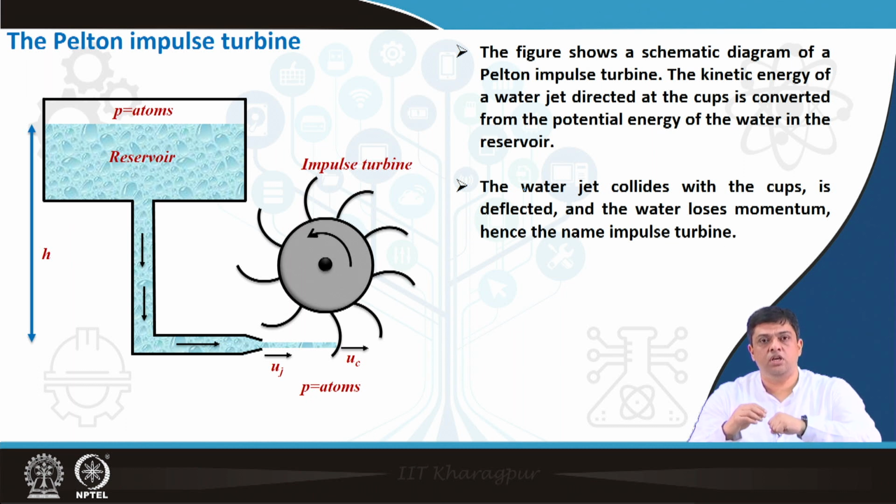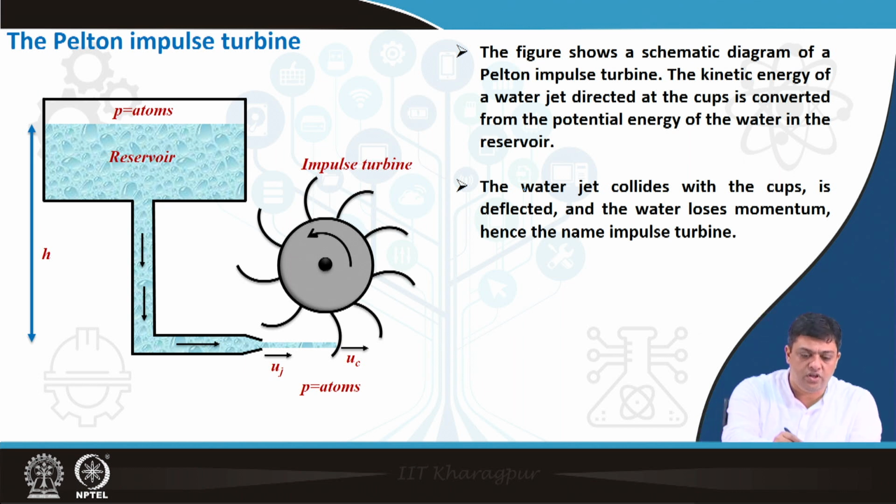Depending upon the requirement, we will have the water hitting the turbine blades, or we will extract the turbine blades out of the water if we want to reduce the capacity of the generator. Then came the concept of the Pelton impulse design.